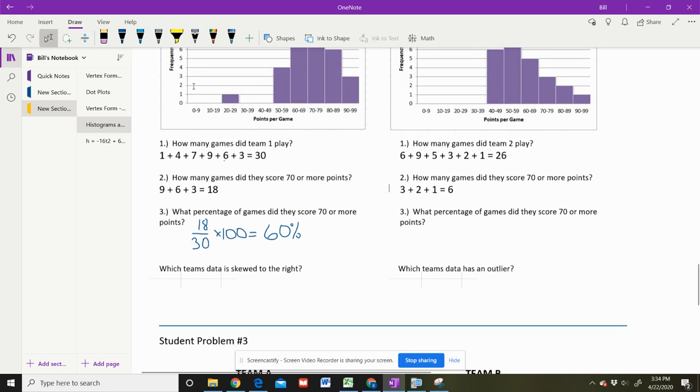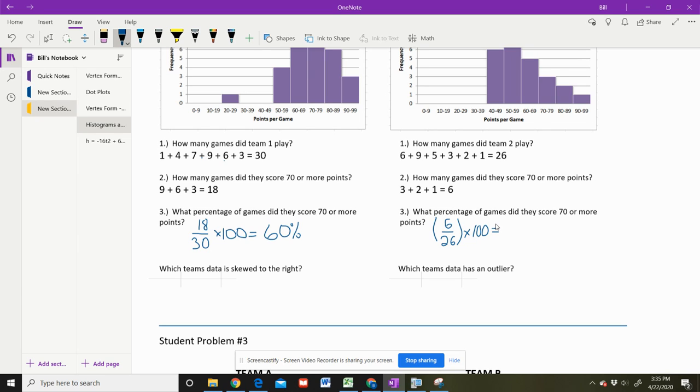So for this one, we're going to figure out our percentage. We're going to take our number of games that they scored 70 or more points, which was 6, and we're going to divide that by the total number of games they played during the season, so 26 games. And on that, we're going to multiply by 100 to get a percentage.